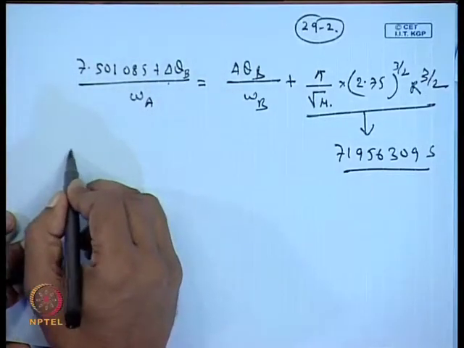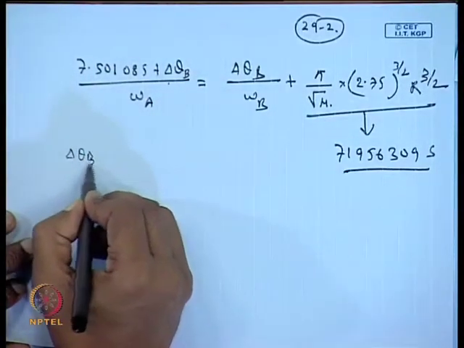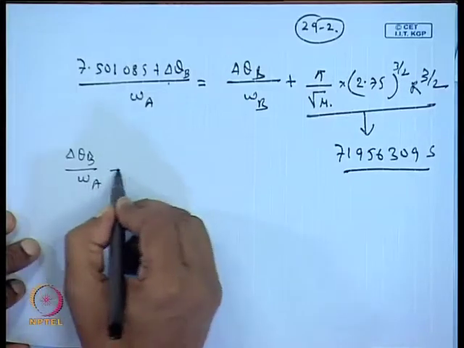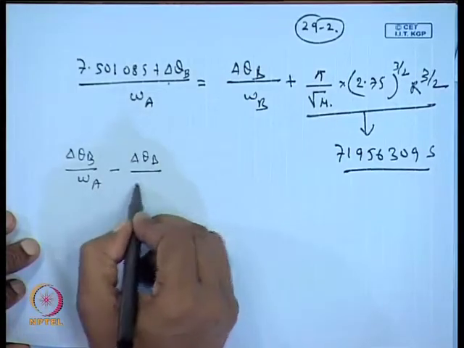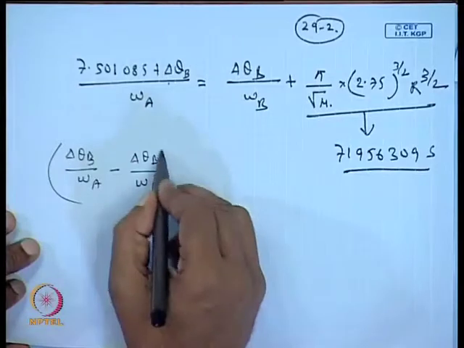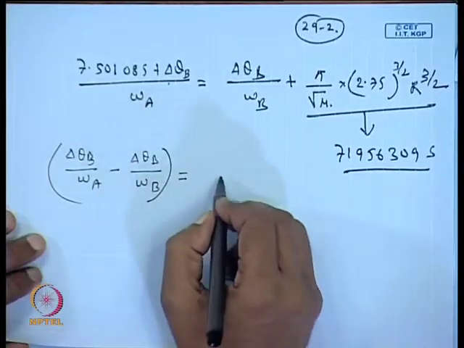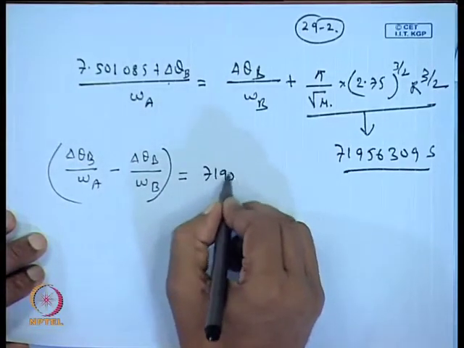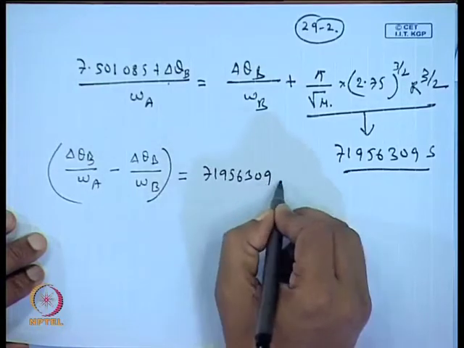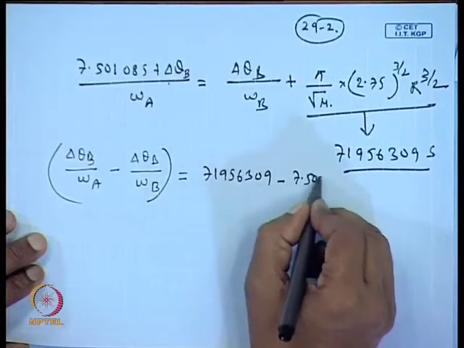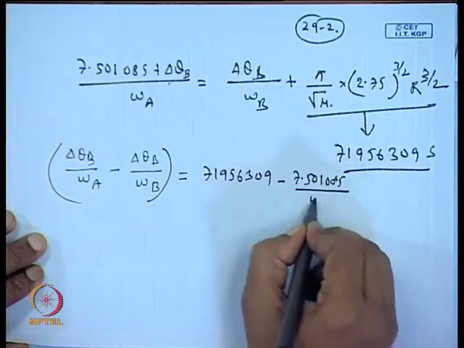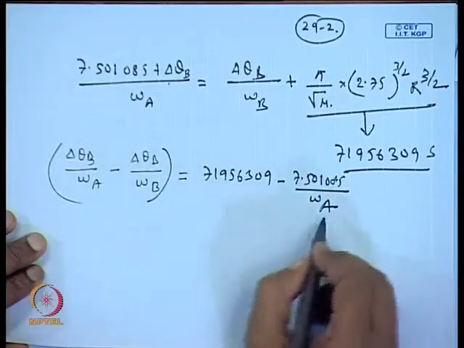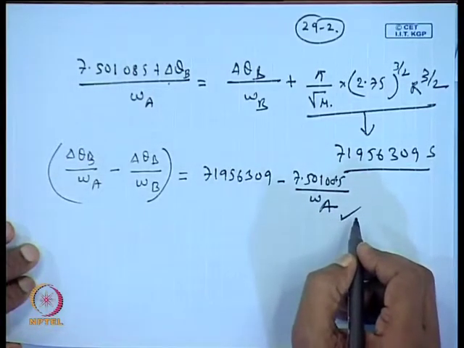Now, we can write delta theta B by omega A minus delta theta B by omega B, this is equal to 71956.309 minus 7.501085 divided by omega A. Omega A is also known to us.